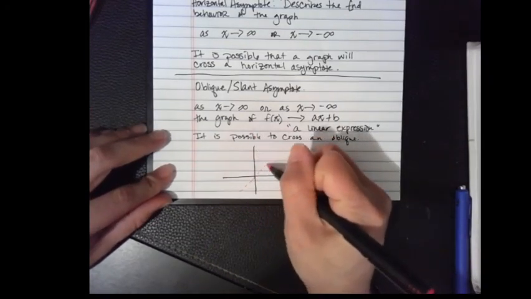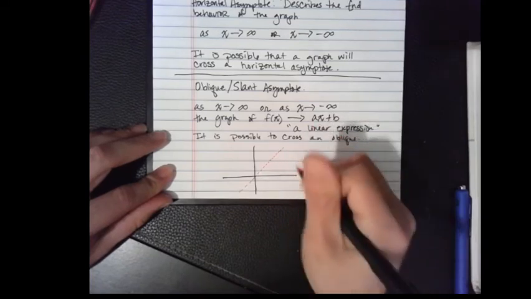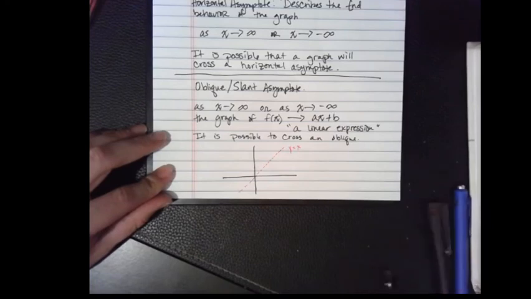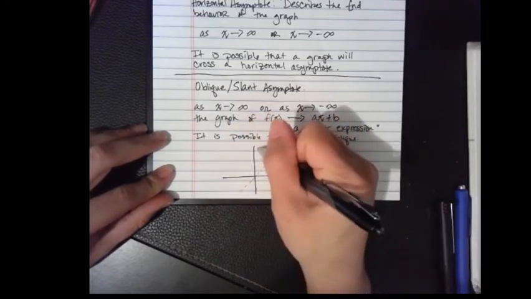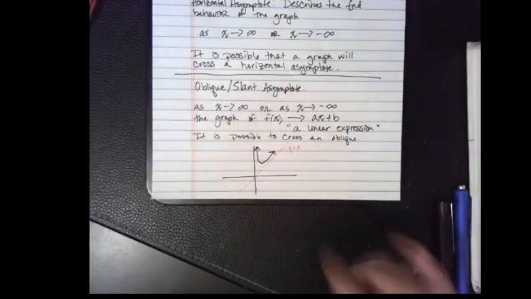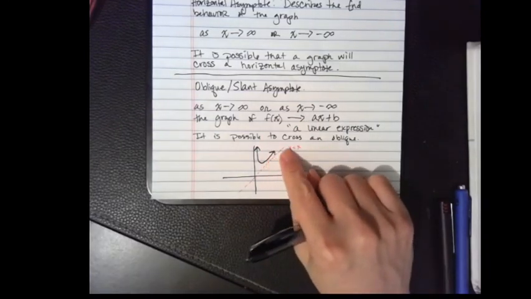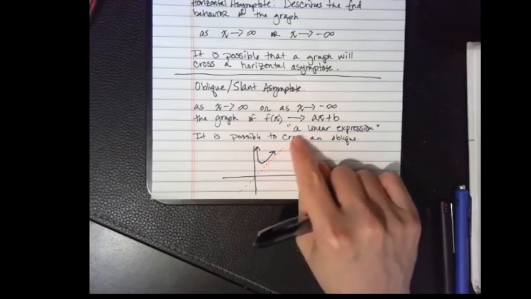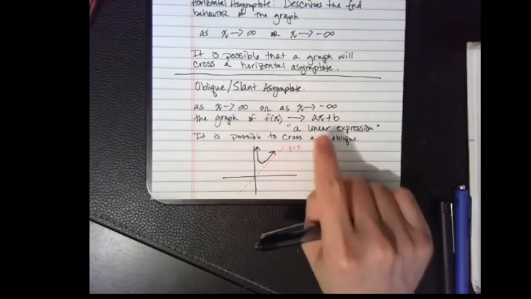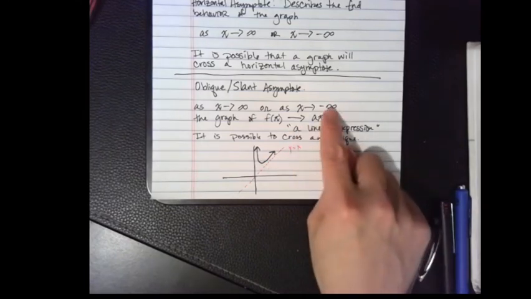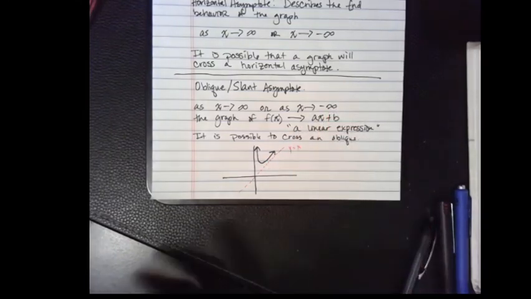I could have an asymptote such as this, the line y equals x, and my graph could be doing something like this. The further and further I go towards infinity, it's going to stay along this line. It's going to get closer and closer to this line, but never actually reach it as I'm approaching infinity. So you may see it crossing sometimes.